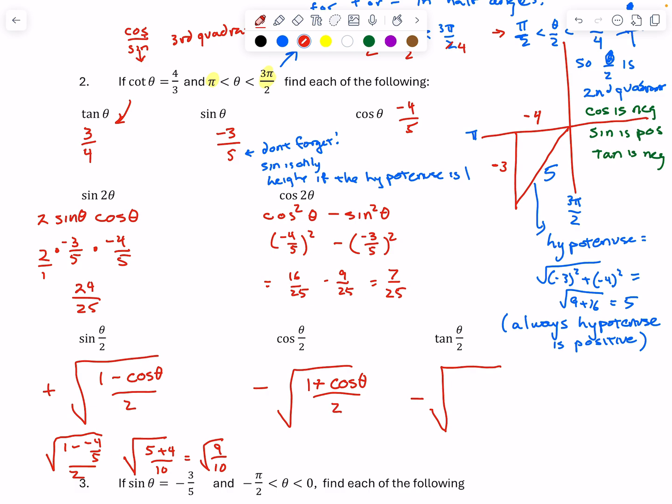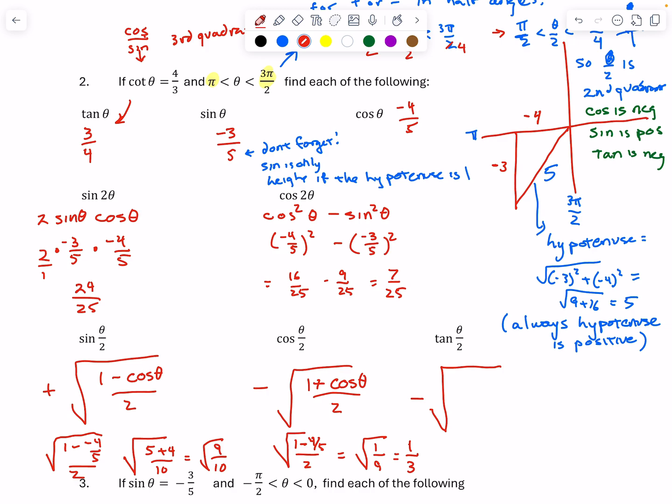So this is going to just be 1 plus 4/5 over 2. Sorry, 1 minus 4/5. It was 1 plus negative 4/5. So 5 minus 4 over 10 is... We can simplify that. Might as well.